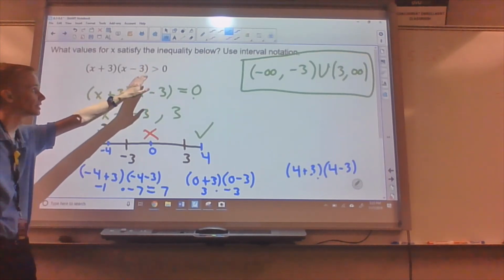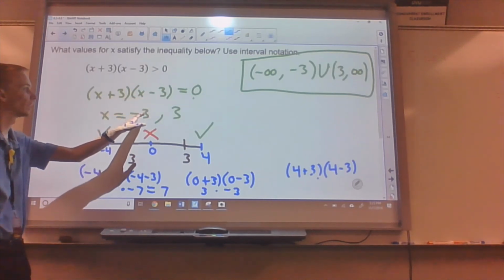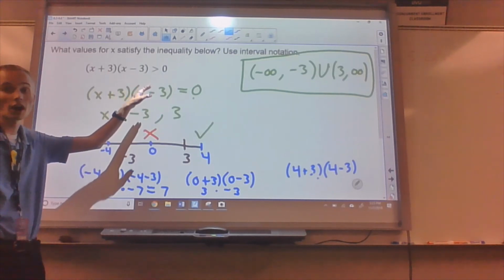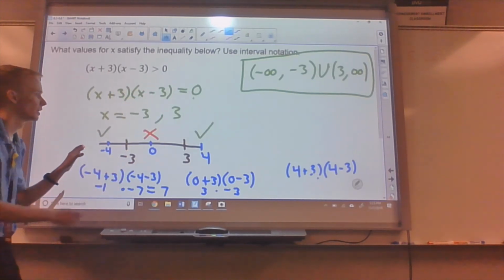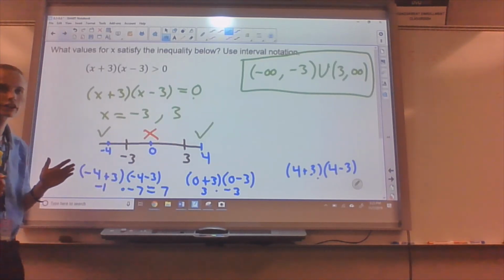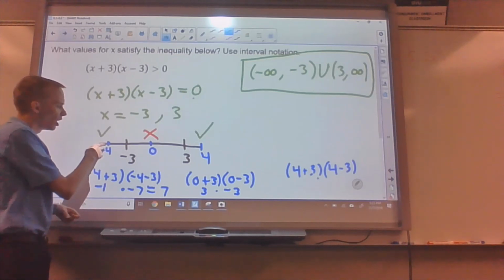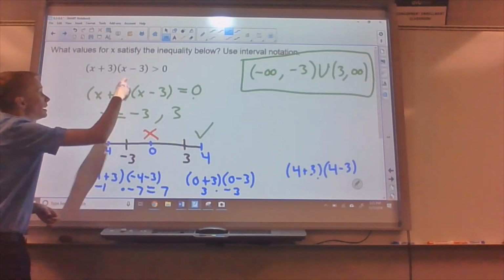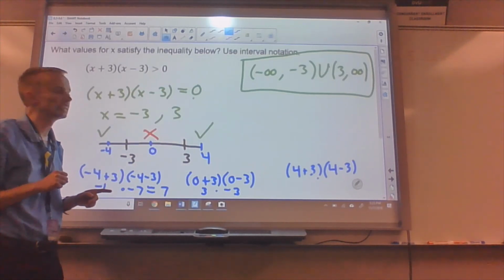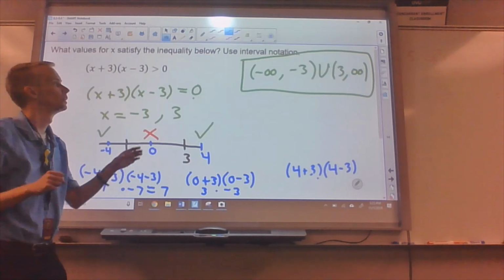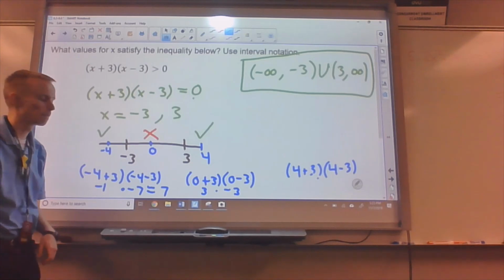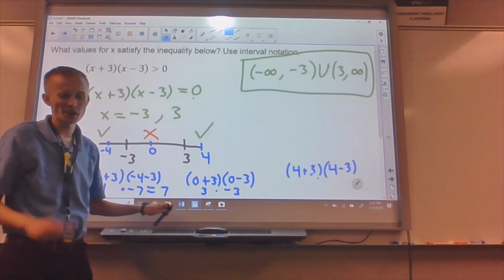We replace it with an equal sign and solve for x to figure out where it could change from being not true to true and vice versa. We take those points on the number line, and those are the places where it could change, okay? Then we plug numbers into the inequality to check every region on the number line to see where it's true and not true. And we take the regions that are true in our final answer, okay? So hopefully this is starting to make some sense.